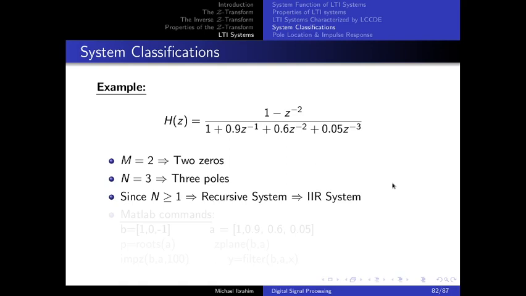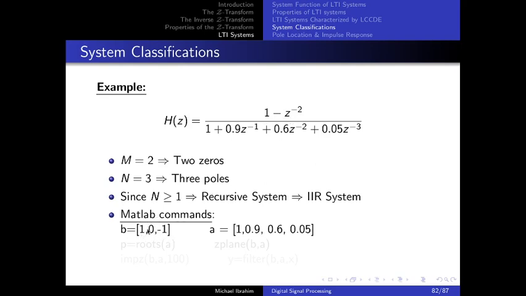Okay, and in MATLAB, we can use some of the commands we have learned in order to check the system, find the poles, find the zeros, and so on. So in MATLAB, let's define two vectors. Vector b will contain the feed-forward coefficients, which are 1, 0, and minus 1.